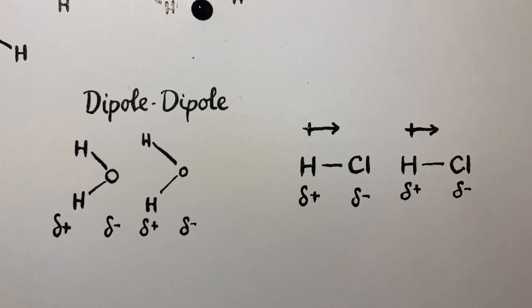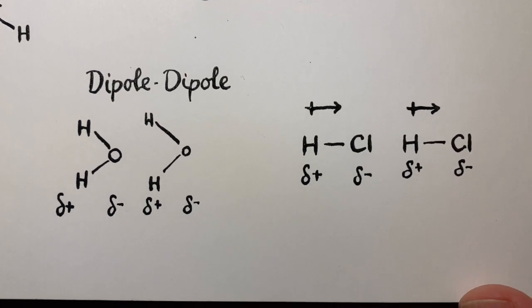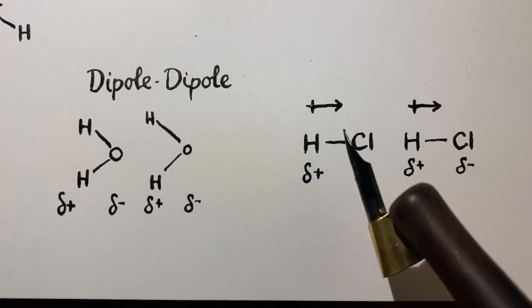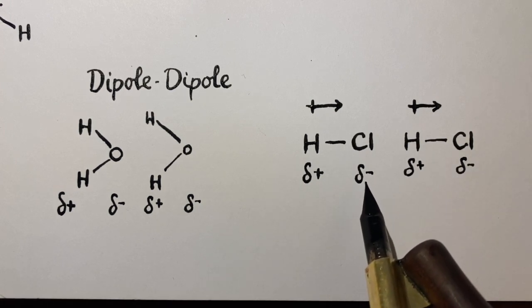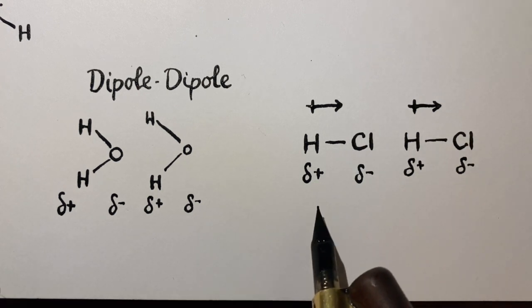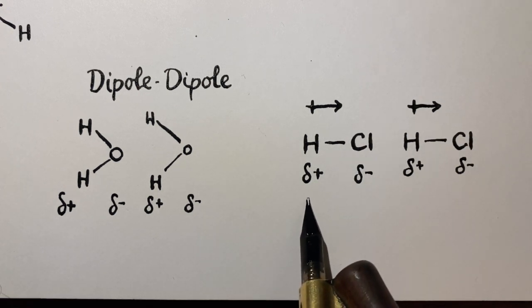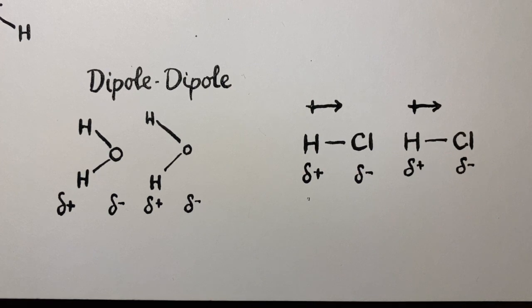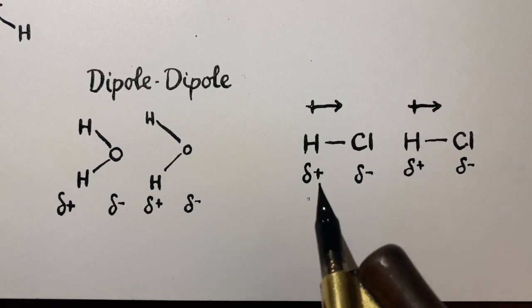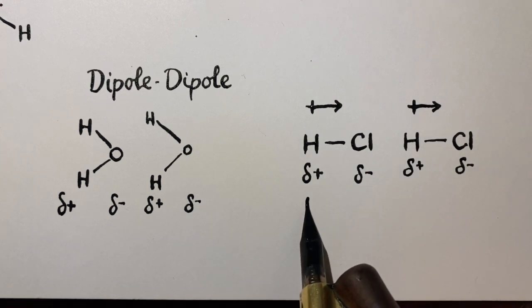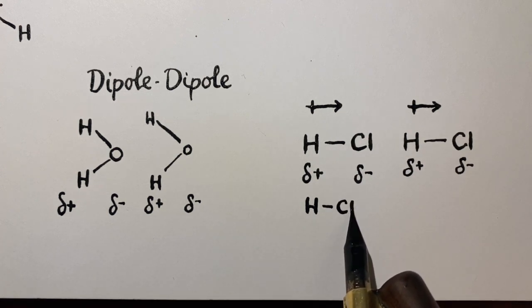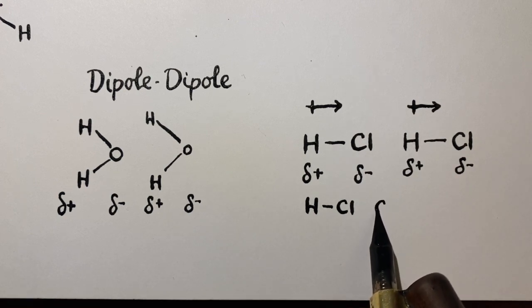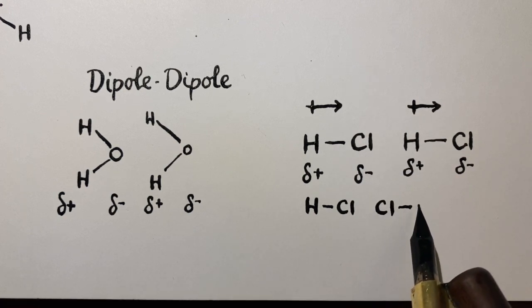So, I also wanted to show you that so far we've been showing how the molecules align themselves in the most energetically stable way, but we also want to take into account what would happen if we were to flip one of these molecules, such as if we had hydrogen chloride like this, then next to it the molecule is like this.